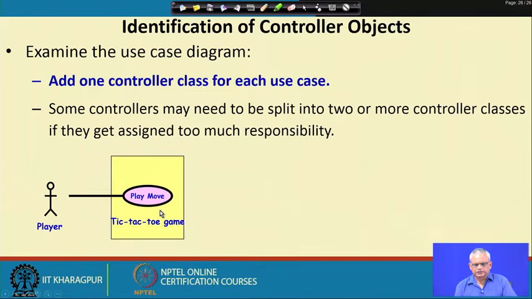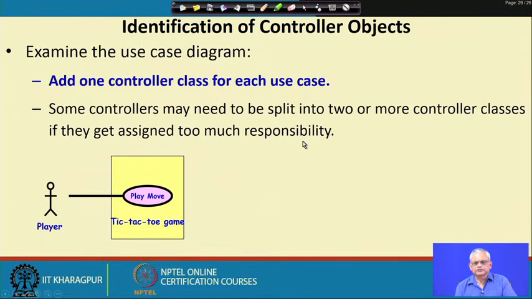But then some of the controllers may become extremely complex. They might have to coordinate the actions of dozens of other objects, and in that case, to simplify the design, later in the design steps we might split them into 2 or more controller classes.